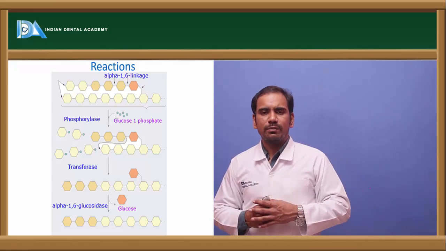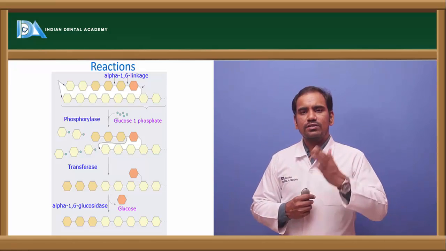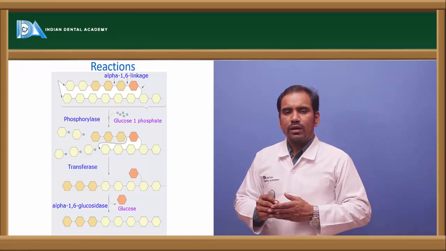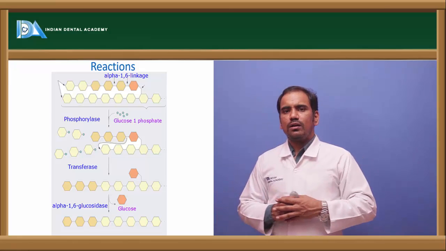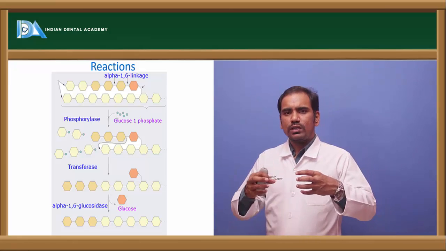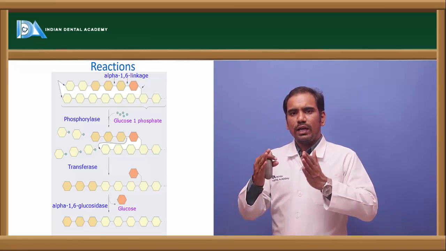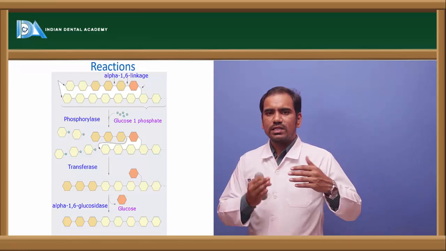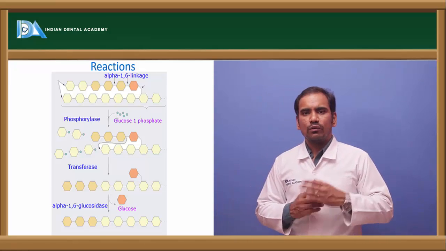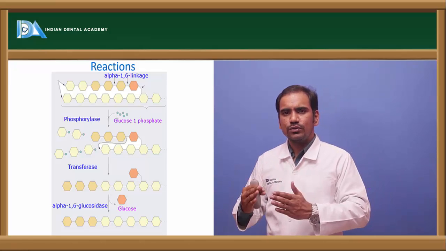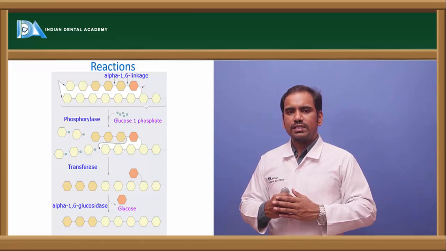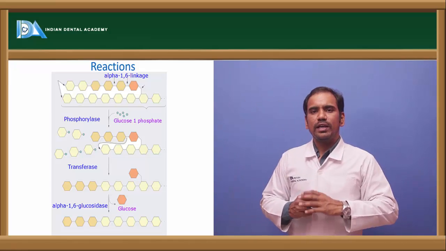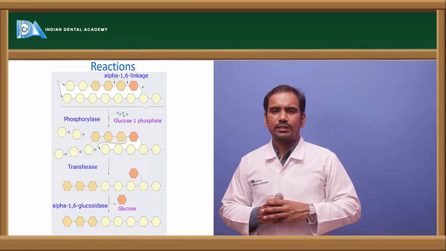This debranching enzyme has two functions. One is the transferase function, and the other is the glucosidase function. The transferase function of the debranching enzyme is that out of the 4 residues left from the branch point, it transfers 3 residues to another chain. Once it transfers 3 residues out of 4 to the linear chain, there is only one residue at the branch point, linked by alpha 1 to 6 glycosidic linkage.